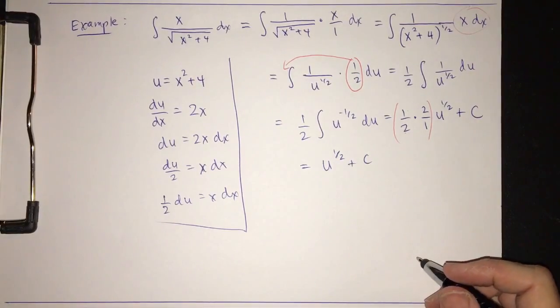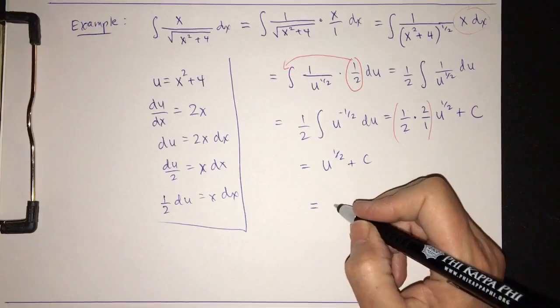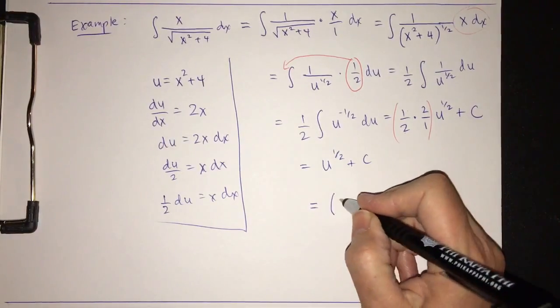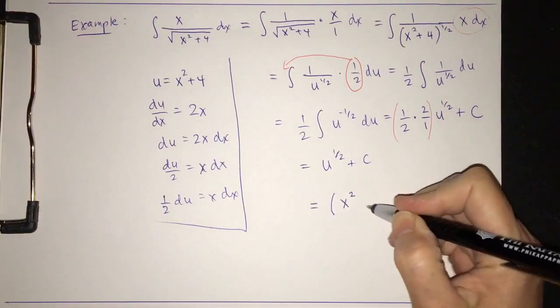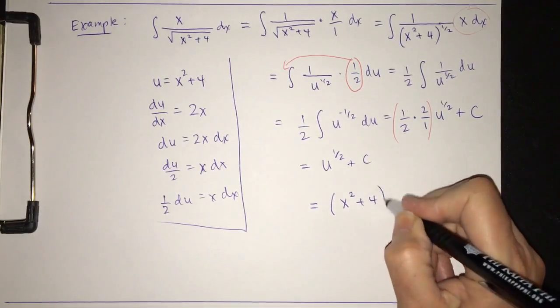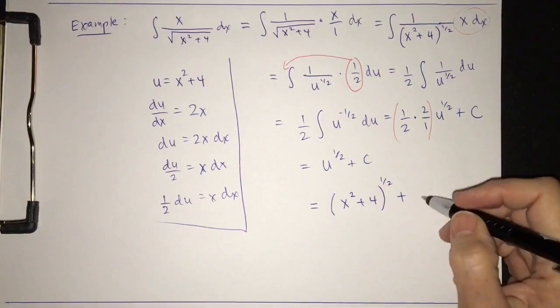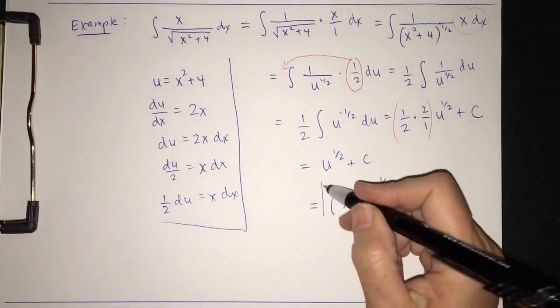And now I need to put x squared plus 4 back in the problem for u. So I'll use parentheses here. Open parentheses, x squared plus 4, close parentheses, that's to the 1/2 power, and plus c.